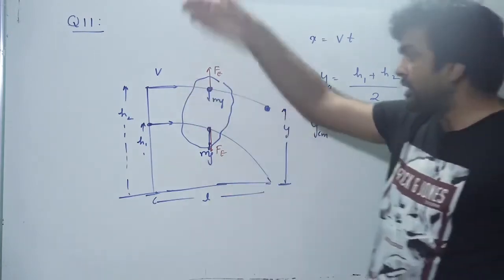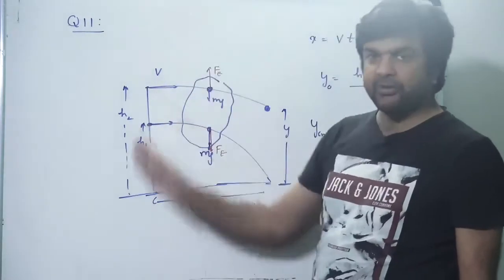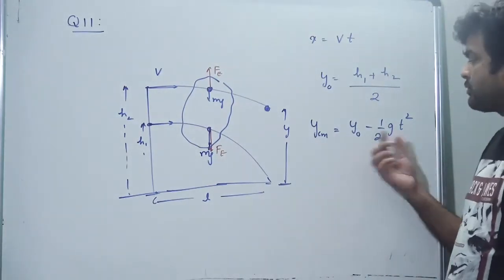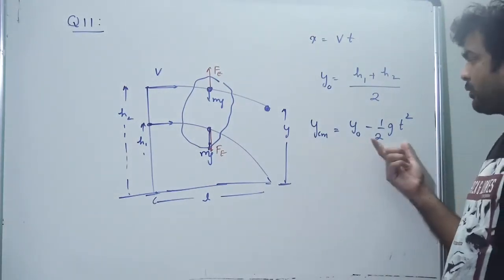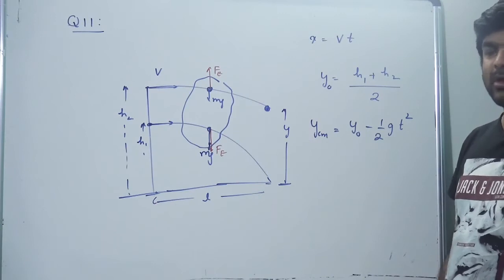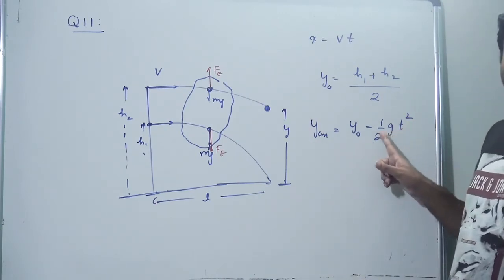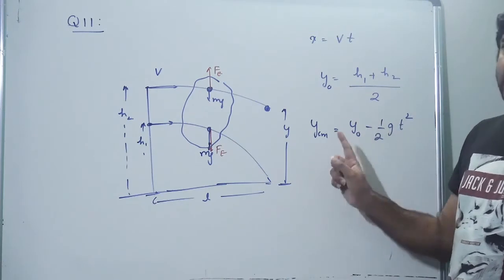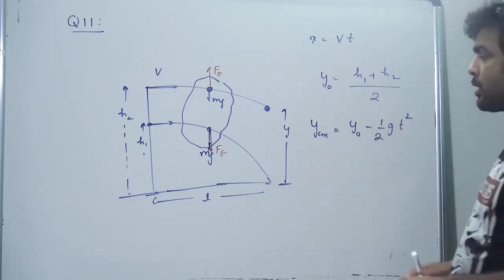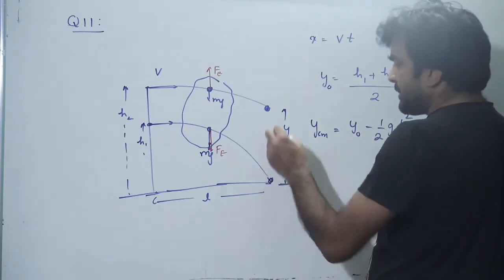Initially the velocity in vertical direction is 0, so Vy is equal to 0. So this is the second equation of motion. So at any moment this will be the y coordinate of center of mass, including just before this mass hits.